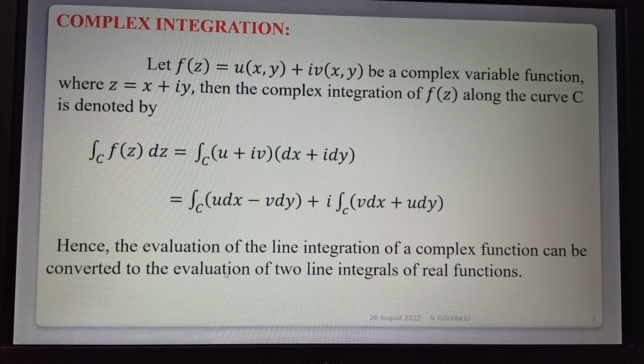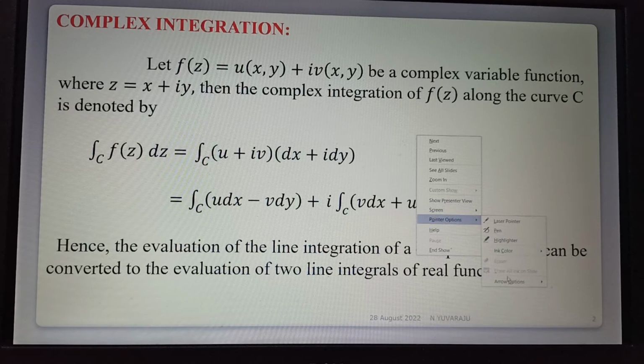Hence the evaluation of the line integration of a complex function can be converted to the evaluation of two line integrals of real functions. That means the first integration over c is the real part, and this is the imaginary part. So this is called complex integration of the given complex variable function along the curve c. Okay?